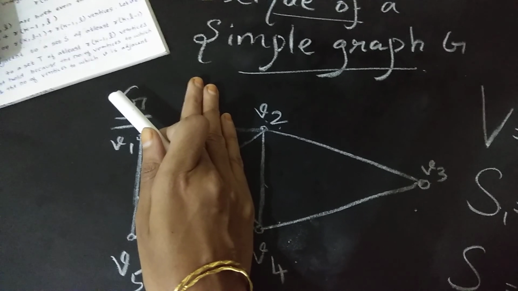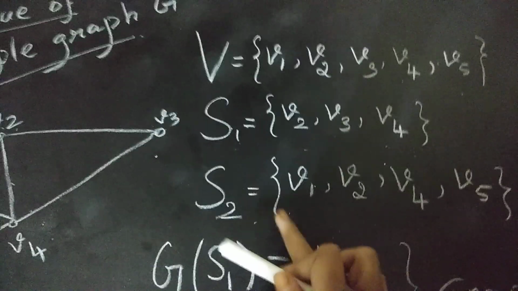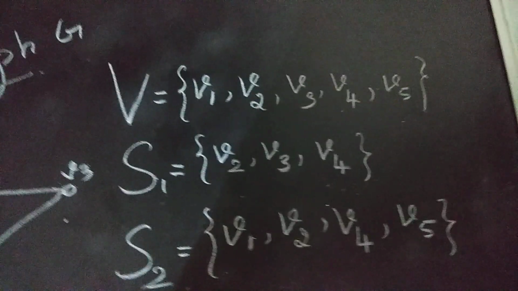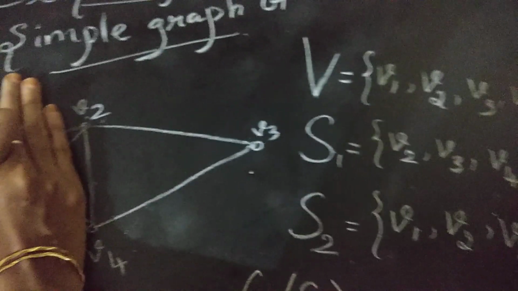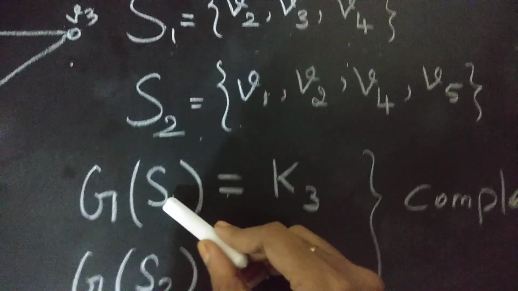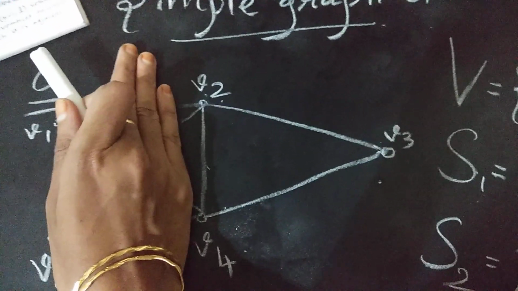I hope you can understand that. Using this subset S1, you have drawn a graph, G of S1. This is a complete graph.